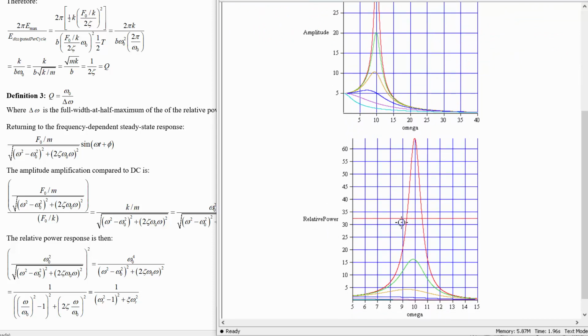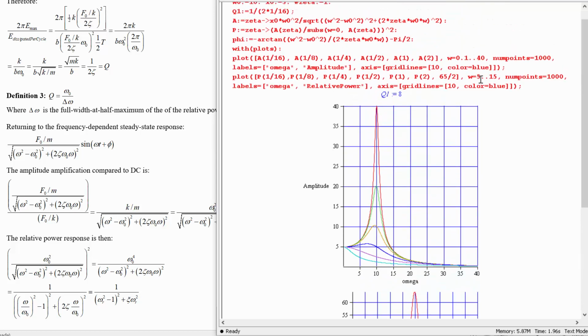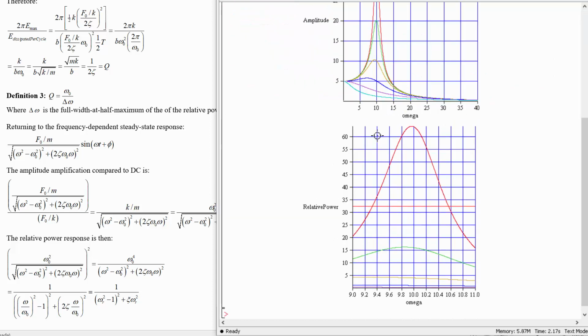I guess the business stuff is between 9 and a little after 9 and around 11 there, like 10.5. So let's plot from that range. From 9 to 11, it looks like now we're seeing this intersection at 9.3 and this other intersection at about 10 point, closer to 10.6.